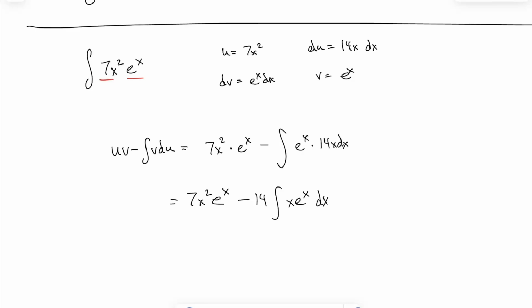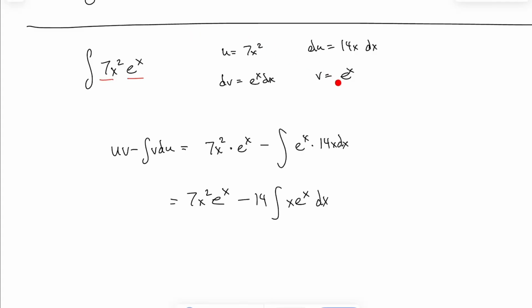All right, and how do we handle x times e to the x? This is a little thing that never happened in our previous examples. Anyone got an idea? You gotta do it again, she says. Yes, do the parts again. Sometimes you do the parts again. That's how it works. And it's maybe not such a surprise because if you think about it this way, we started with a quadratic.